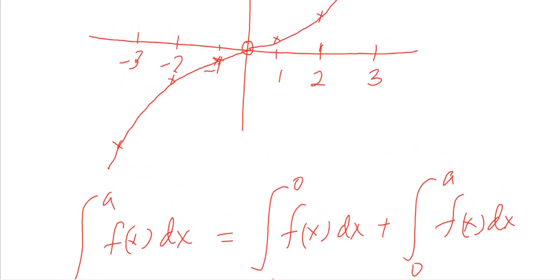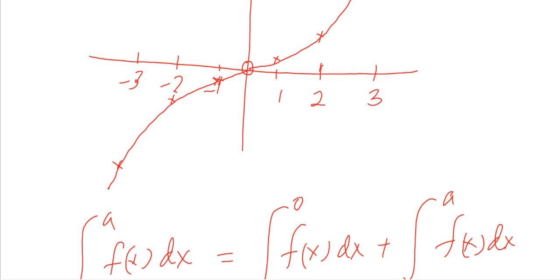Because of the symmetry, whenever you take a section here, on the other side you have this region here. One is the negative of the other.